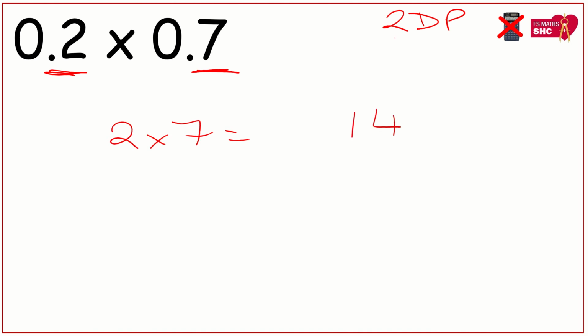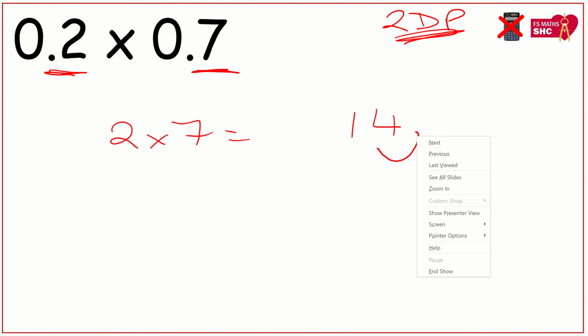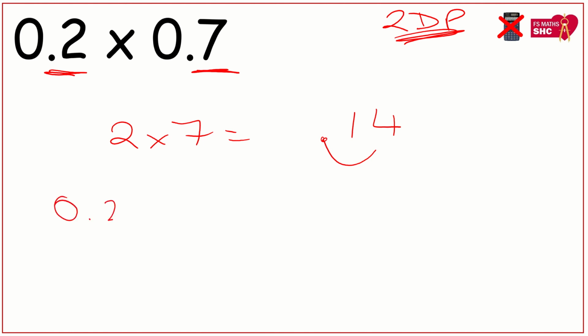Got to put the 2 decimal places back in. So from the end, I'm going in one decimal place and then another decimal place. So it's going to be here before the 14, so 0.2 times 0.7 equals 0.14.